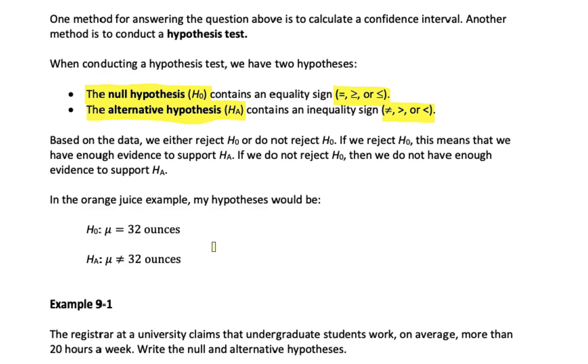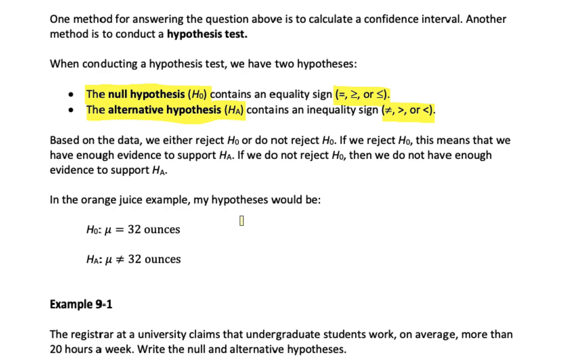And so we can conclude that we have evidence to support H sub A. If we do not reject the null hypothesis, this means that we do not have enough evidence to support the alternative. So our alternative hypothesis is often going to come from some sort of claim or some sort of question in the problem, and then we're looking for evidence to support that.